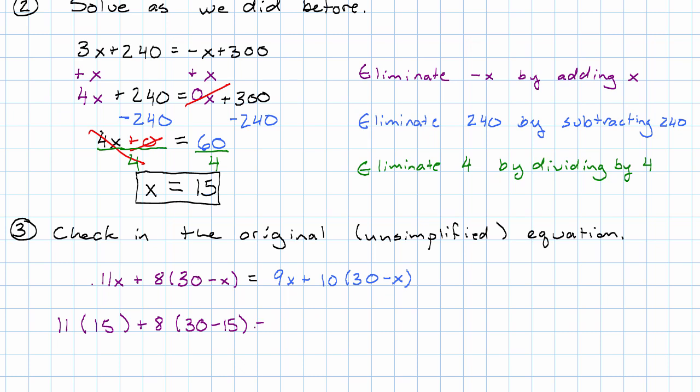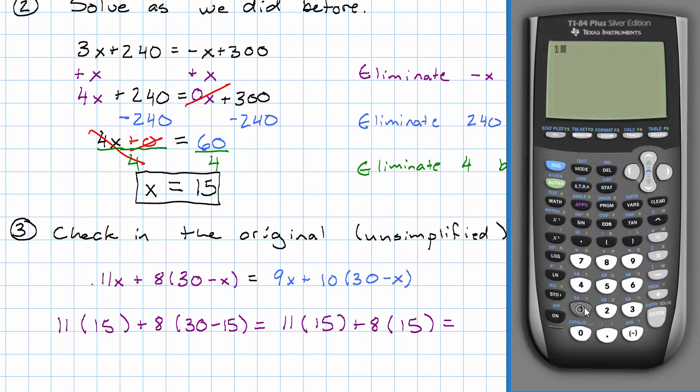Arithmetic in parentheses first. 30 minus 15 is also 15. Equals, now this is a job for a calculator. 11 times 15 plus 8 times 15 is 285.